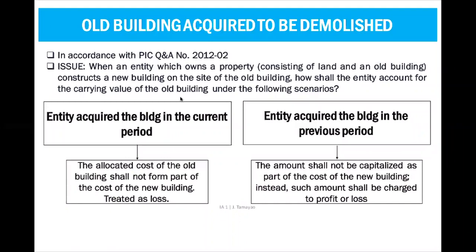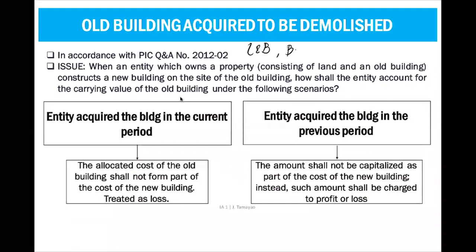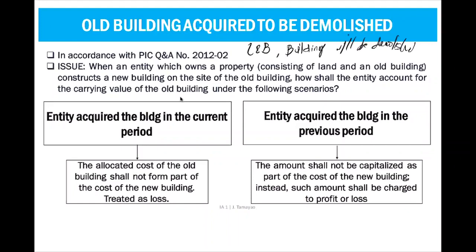But take note, the main issue here is that land and building was purchased, and then you will demolish the building. The question here is, what is the treatment of the cost of the old building? So the main issue again, what is the treatment on the cost of the old building?